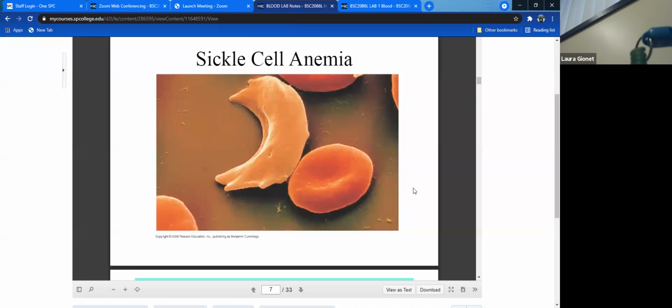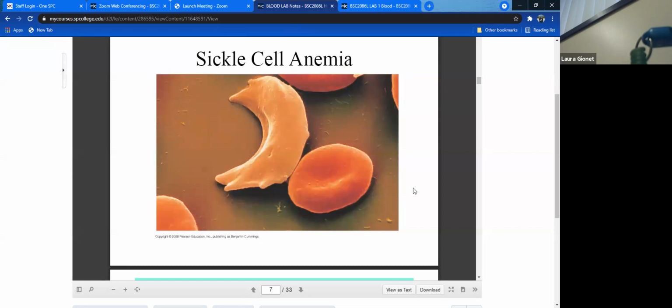Sickle cell anemia occurs when you have a substitution of one particular amino acid at the 6th position for a different one. And that one particular substitution in the amino acid chain changes the way the cell makes its hemoglobin, this protein.